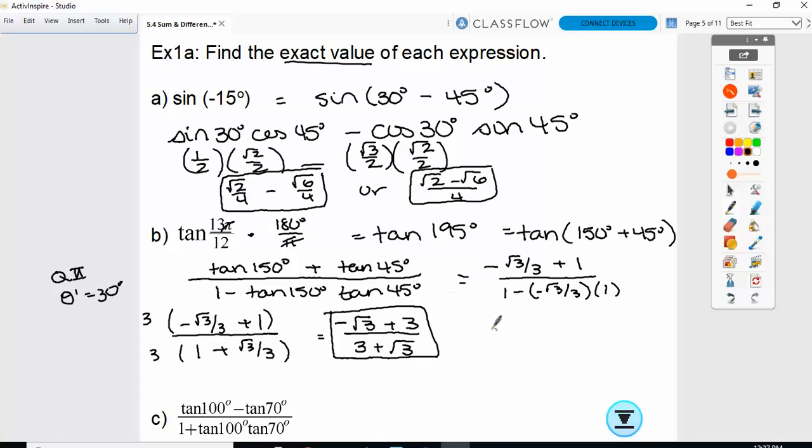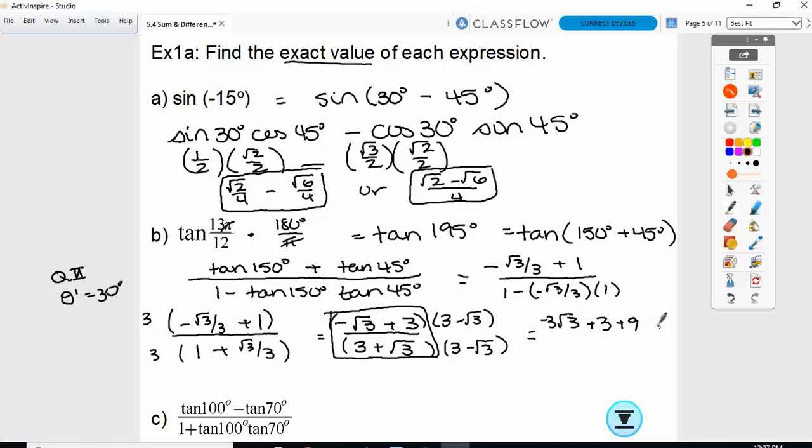If you wanted to get the radical off the bottom, what would you have to do? So that's 3 less radical 3. You have to multiply by the conjugate. So I want to show you how that works, but I do not require that on these. So if you FOIL, we get negative 3 radical 3. Negative radical 3 times negative radical 3 is positive 3.